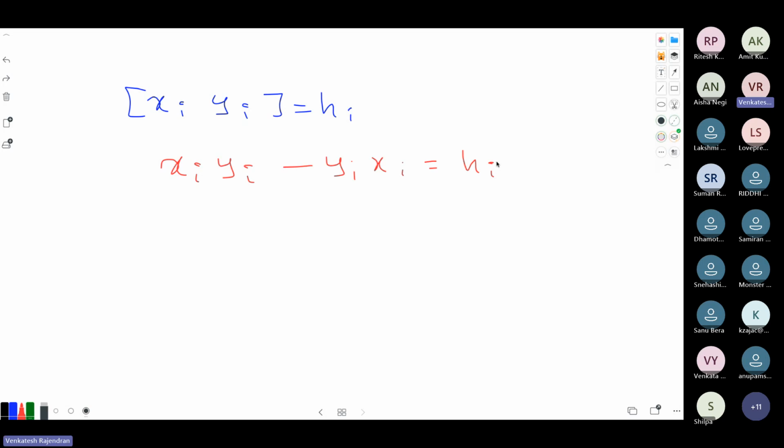Now you know how hi acts and how yi acts, so using that you can inductively define how xi acts. The formula, for example, that you see in Carter basically uses this, nothing else.